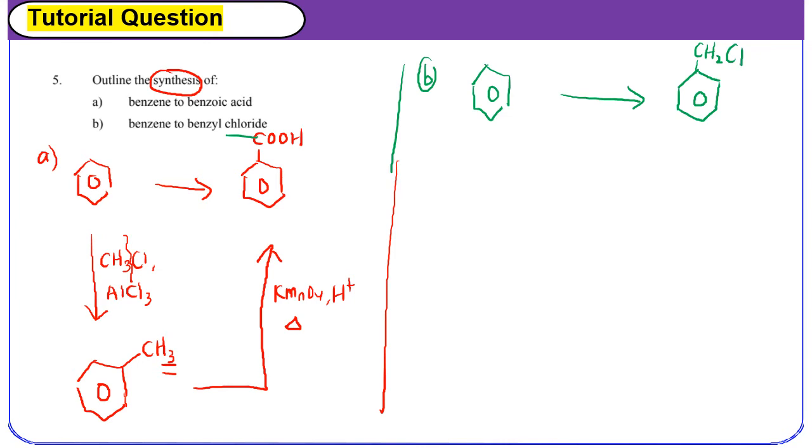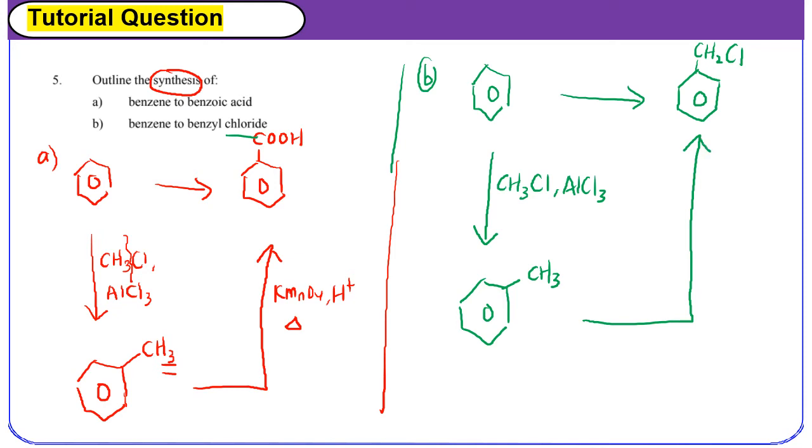Here we can see there is a CH3, so as in 5A, benzene reacts with the haloalkane in the presence of aluminium chloride to produce the alkylbenzene, methylbenzene. The change is that CH3 becomes CH2Cl, meaning one hydrogen is replaced by Cl, as CH3 has similar properties to alkane.